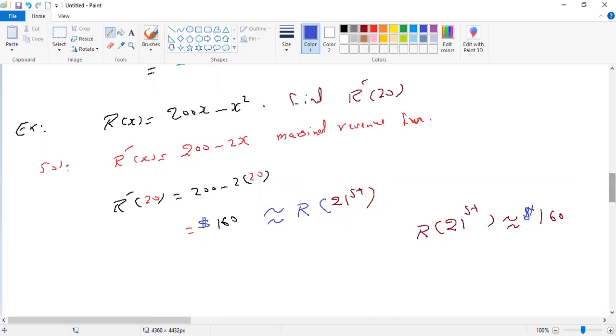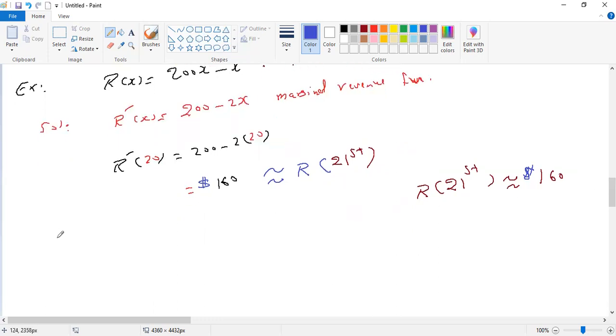Now, if you want to know exactly, for example, the revenue of the 21st unit, not approximately, because with the derivative it is estimated, that is, the first unit after 20 estimated from the sale of this unit is $160.